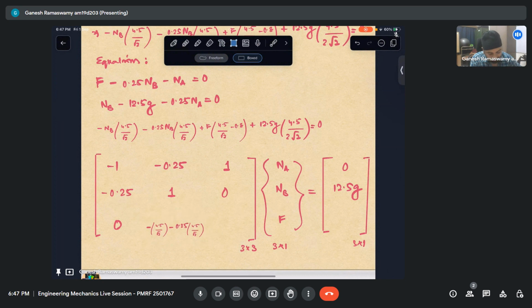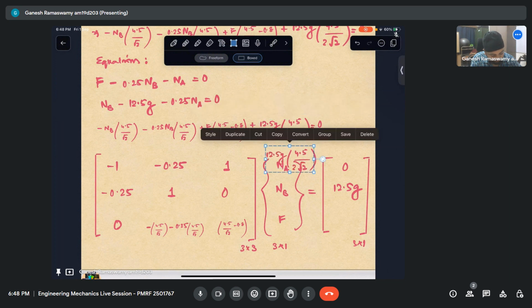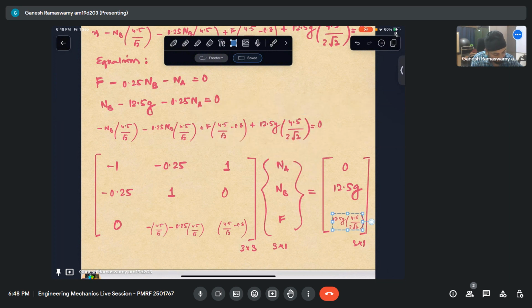So this entire thing is my coefficient for Nb, if I take Nb common. And then for F, I have this as the coefficient. So let me go ahead and put it here. And then I take this to the right hand side, so it becomes negative. That is what I need to substitute there. So this will come here and then it will be negative because I have taken it to the right hand side.